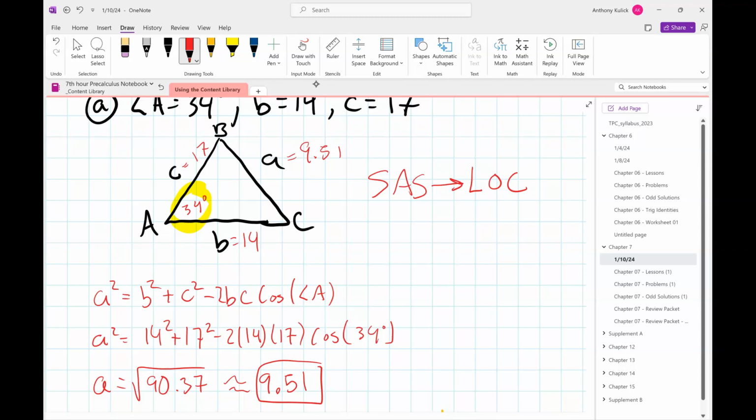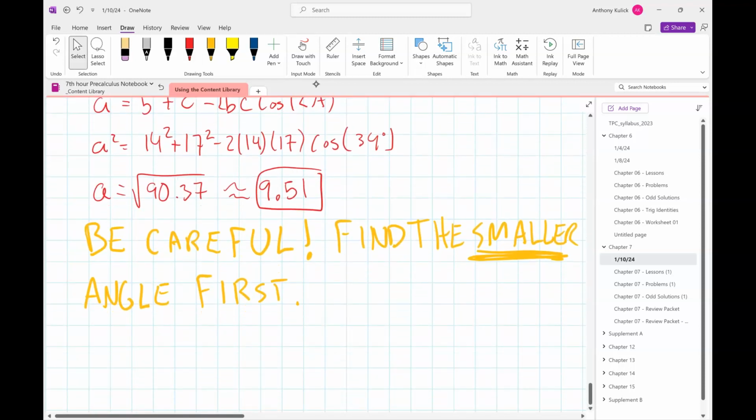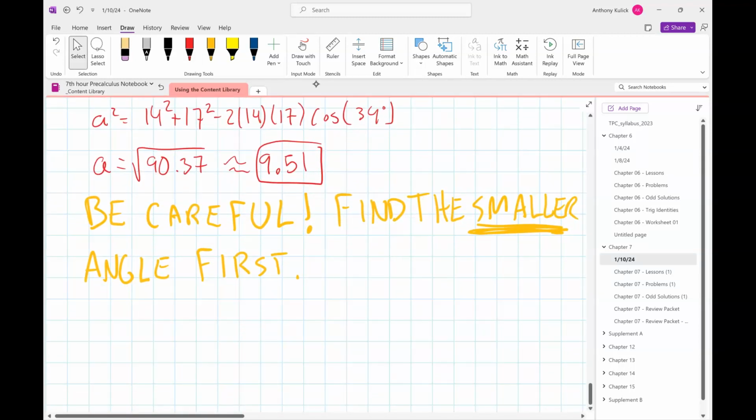Okay. So to find angle B, I could use the law of sines now, because I have enough information to do that. Or I could use the law of cosines again. I would do the law of sines because finding an angle with the law of sines is a lot less of a hassle than with the law of cosines.